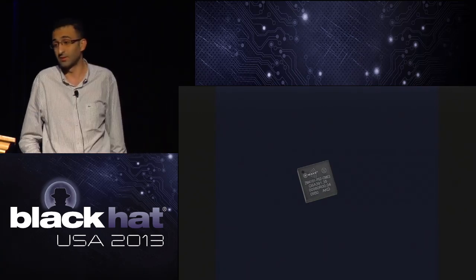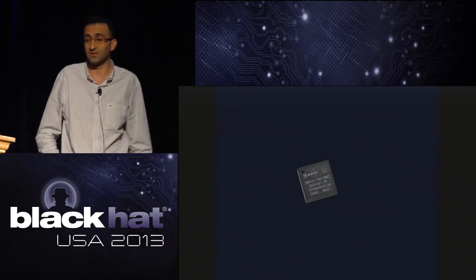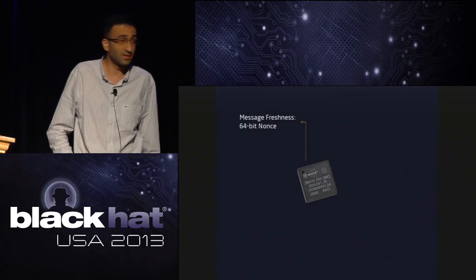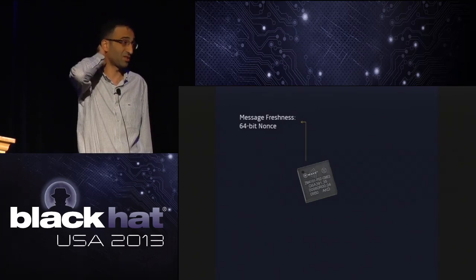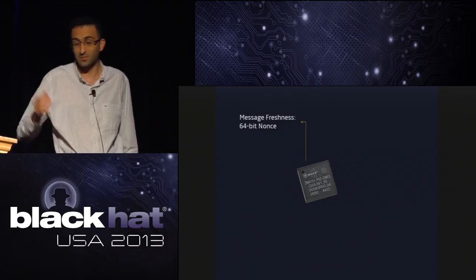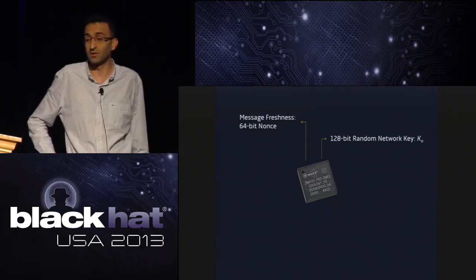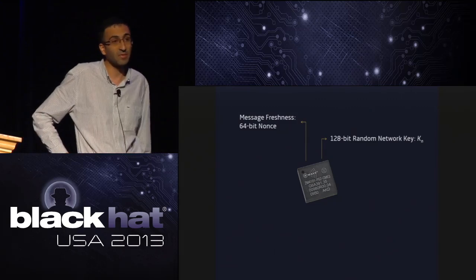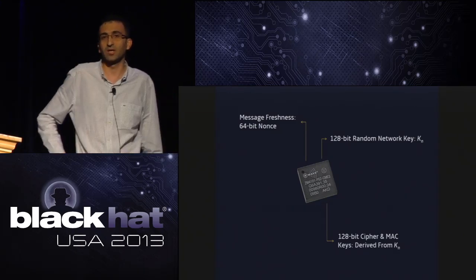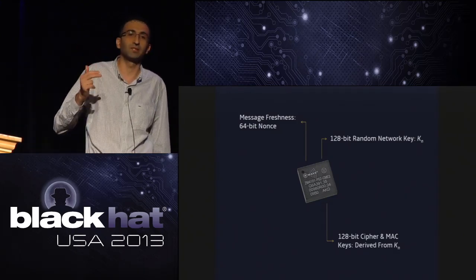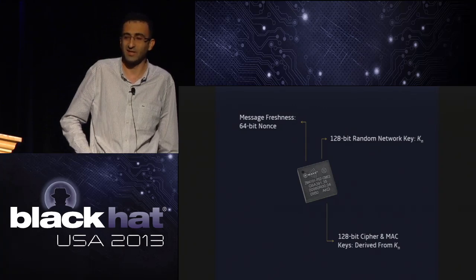So we studied this new chip using our Z-Wave tool as well as some firmware analysis, and figured out that it is using 64-bit nonce values to provide message freshness in order to counter those types of message replay attacks. It uses a 128-bit network key and has 2 key derivation functions in order to derive 2 separate encryption and MAC keys from the network key, KN.